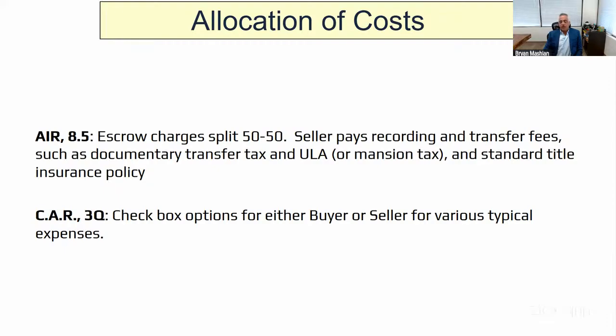Seller pays the recording and the transfer taxes, such as documentary transfer taxes, ULA, or the mansion tax. And the seller pays for the standard policy of title insurance for the buyer. And the buyer pays for the upgrade of the standard policy of title insurance to an ALTA policy. That's predetermined in our contract, and I think it's varied a little bit from state to state, but that's how it is in California. Neil?